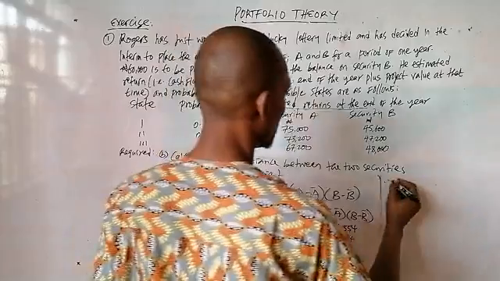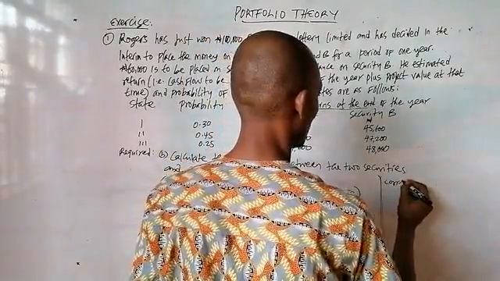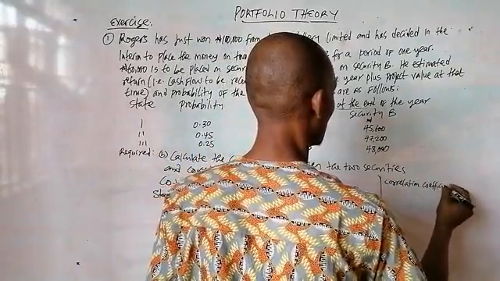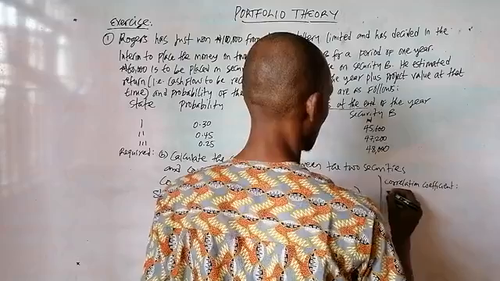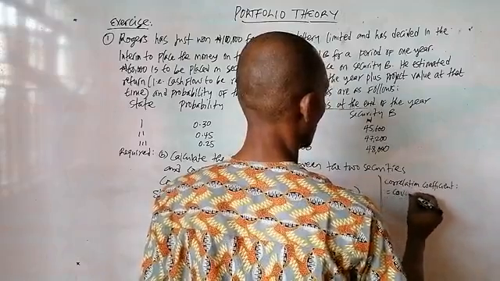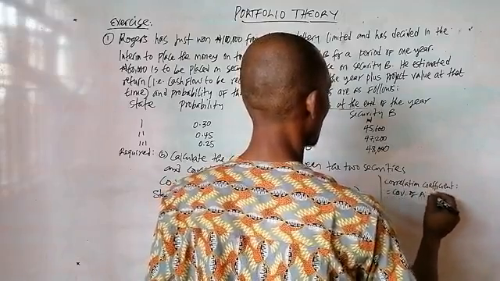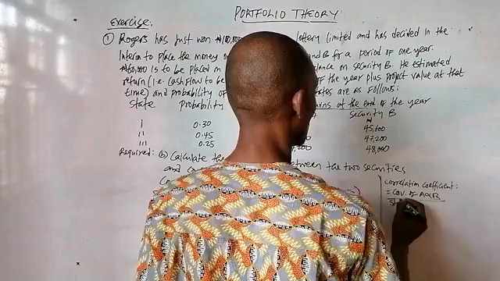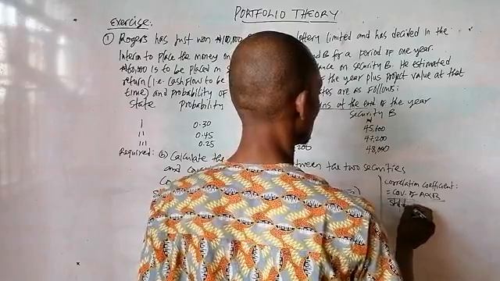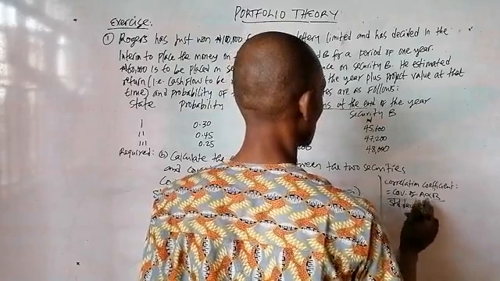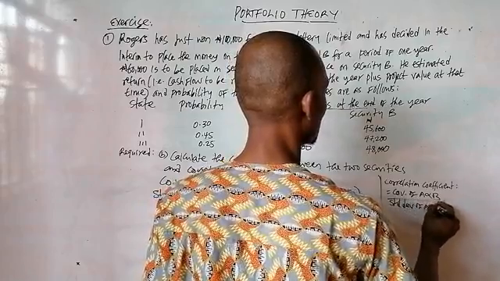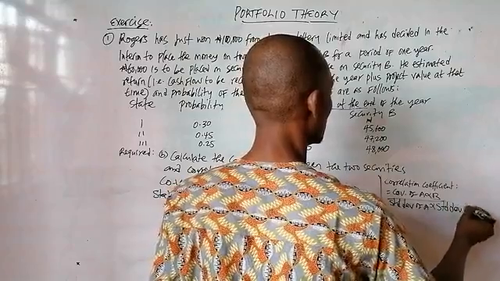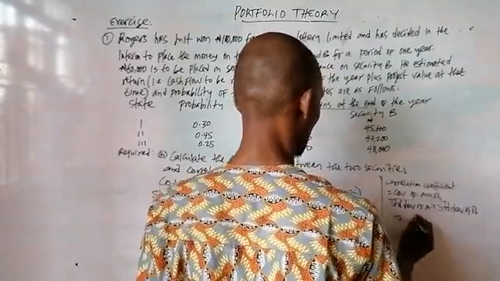So correlation coefficient is equal to covariance of A and B over standard deviation of A times standard deviation of B, which is what?